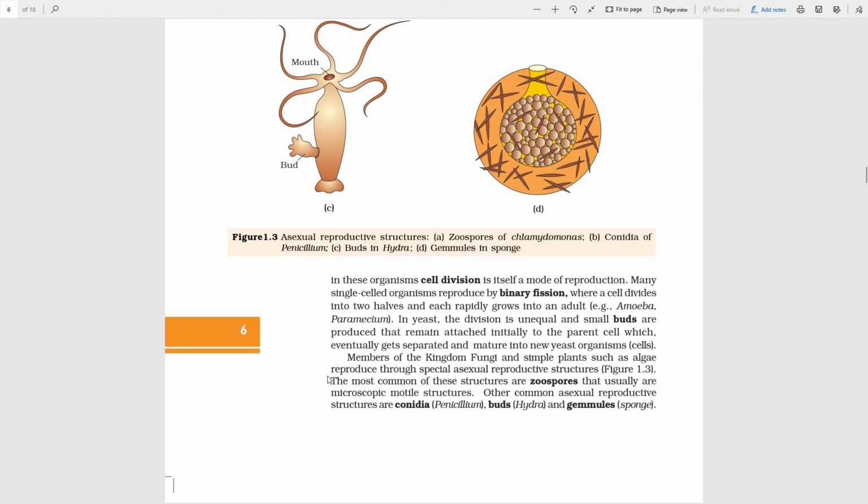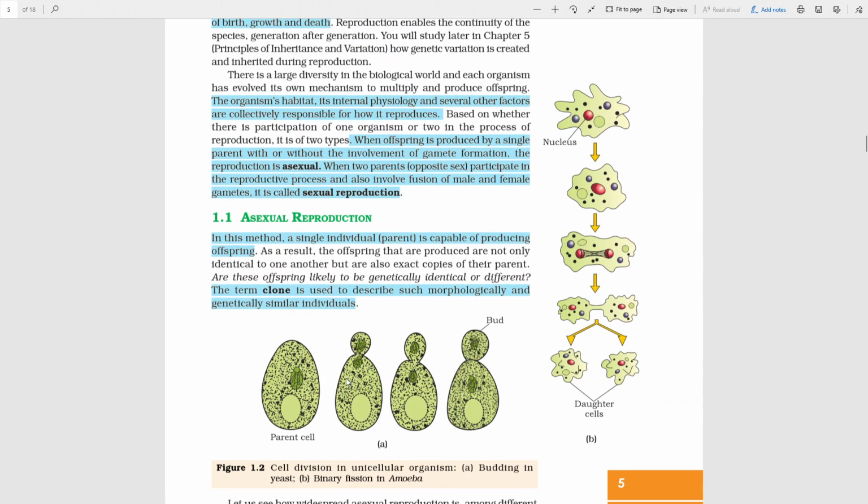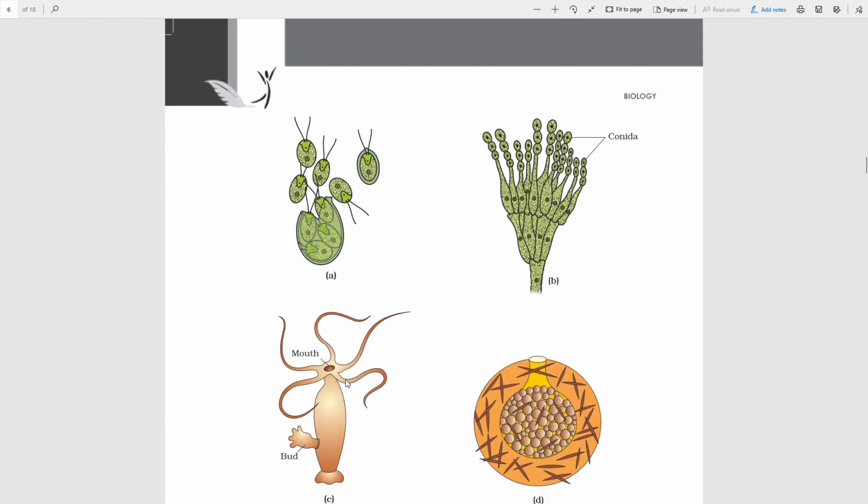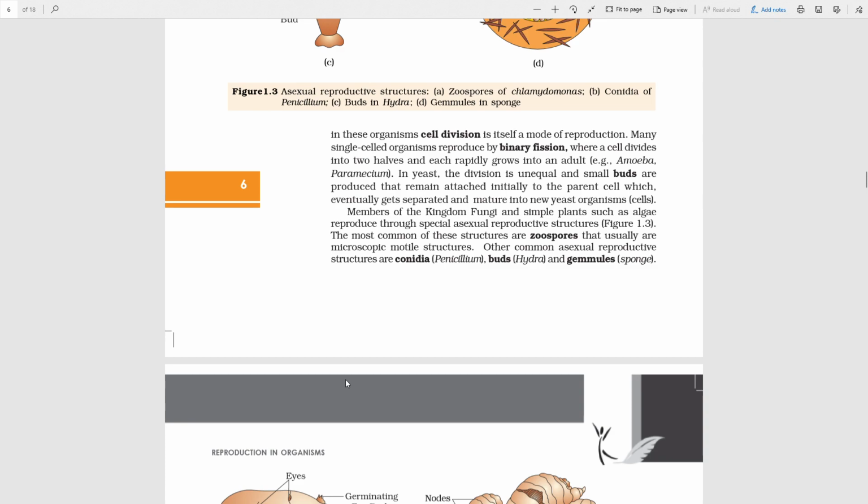This we have seen before in amoeba. See, there is a single parent cell, there is a development of constriction, there is a dividing of the DNA and the whole cell body into two daughter cells which are similar to the parent. It's an equal division, not that one amoeba is small and one is large. Two equal halves, and each grows into an adult.